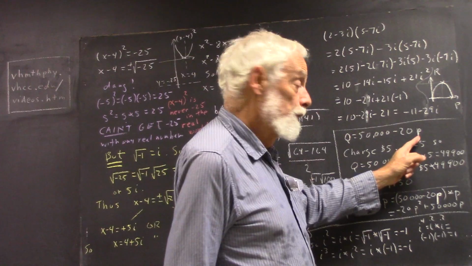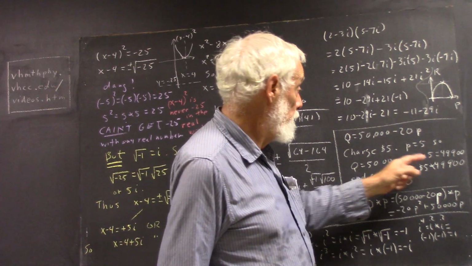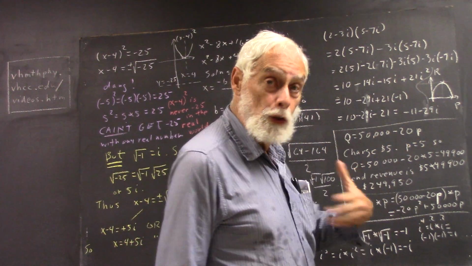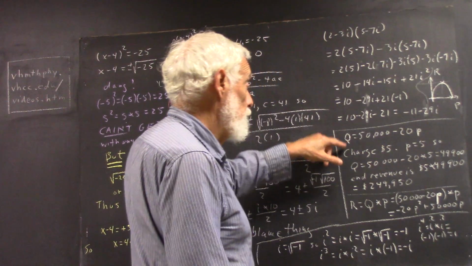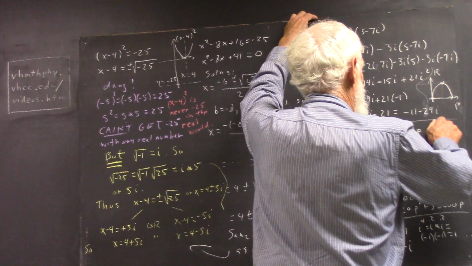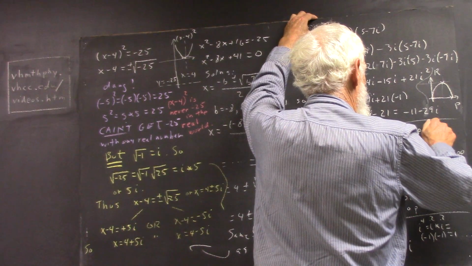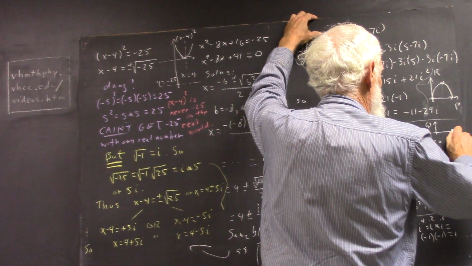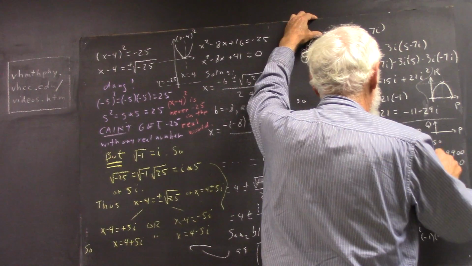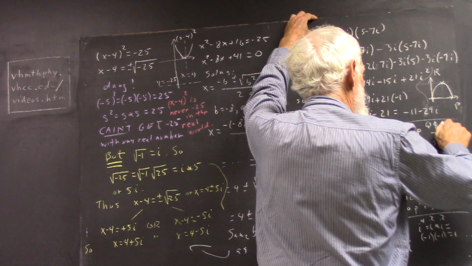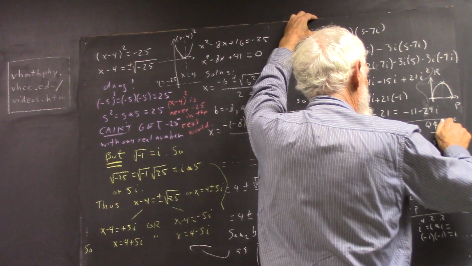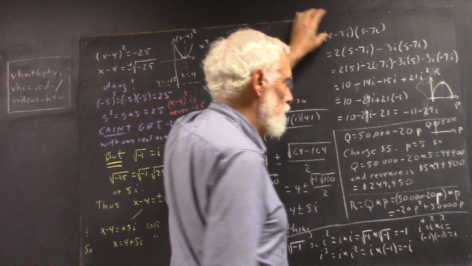Now, you don't have to understand all of that, but just understand that this is a linear model. Q is a linear function of P. Okay, if you graph Q versus P, you have a straight line. When P equals 0, Q is 50,000. So if you do Q on this axis and P on this axis, you have 50,000 here. So I'm going to write 50K and a little arrow, and hopefully you can read that.